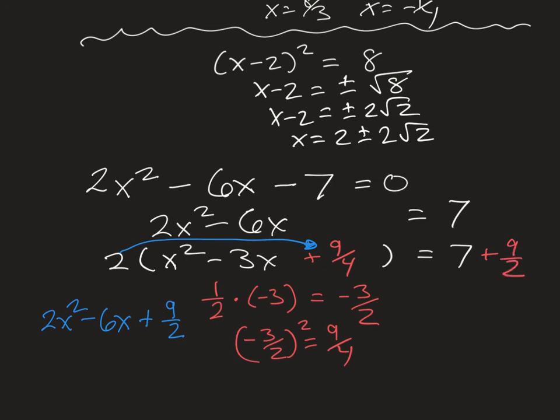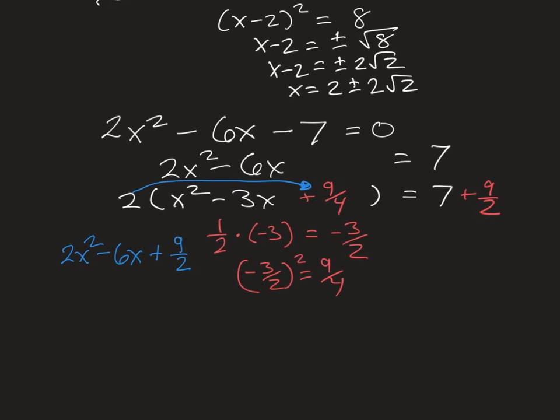All right, so let's see why this is helpful. Now on the left, I can rewrite this x squared minus 3x plus 9/4. Well, I've just created something that factors to a perfect square, and it factors to x minus 3/2 squared. If I FOIL that out, I get x squared minus 3x plus 9/4.